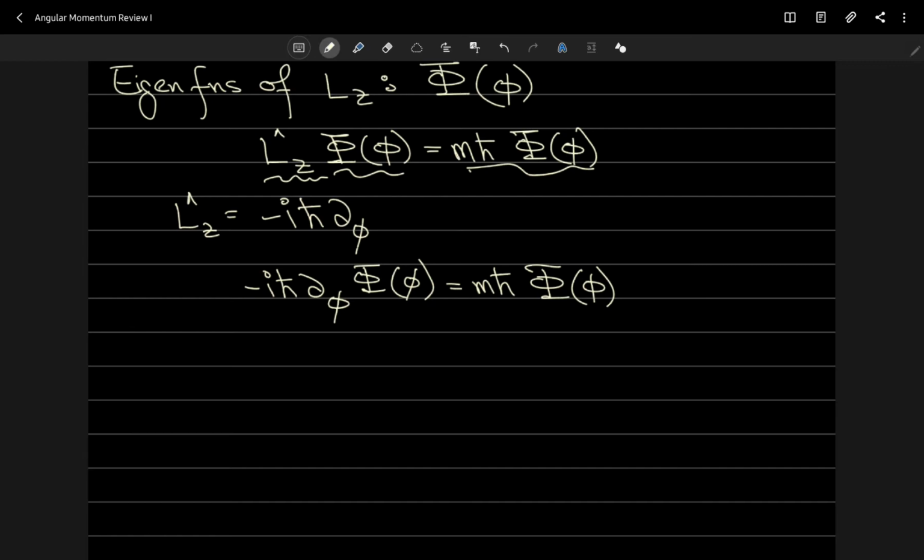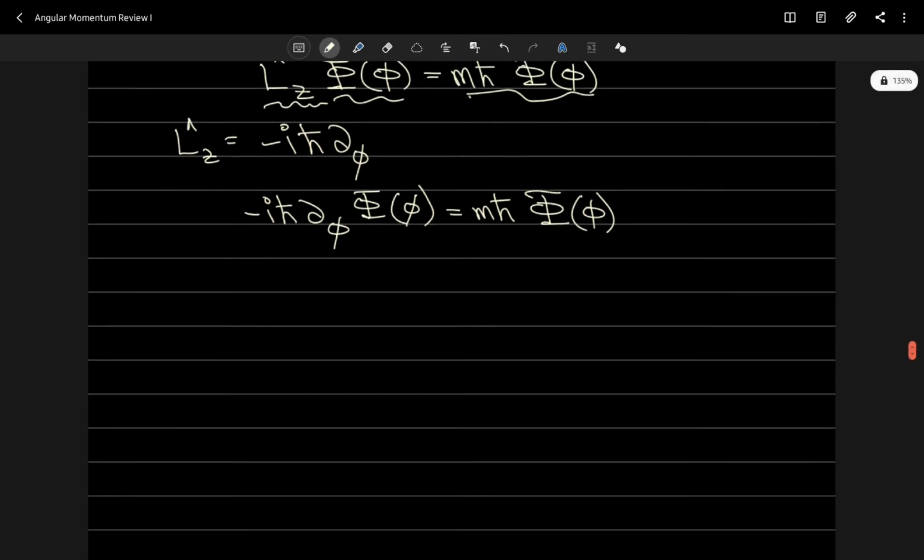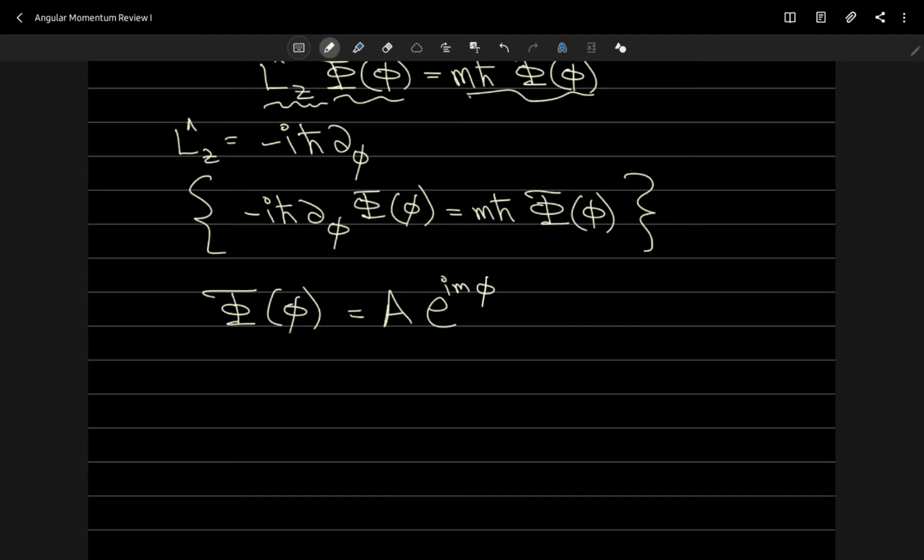Correct. So the solution to this differential equation is simply phi is equal to some constant a times exponential iota m phi.